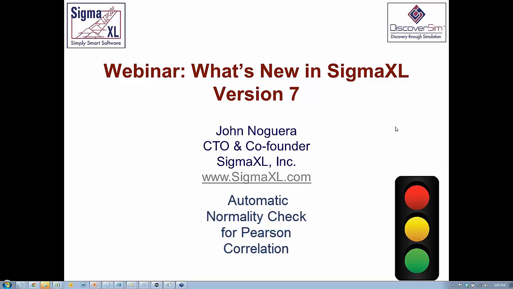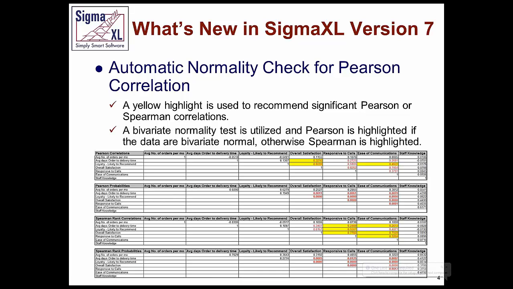Today's webinar, we are introducing the new features in SigmaXL version 7. We added a highlight to Pearson and Spearman correlations. The basis for recommending one or the other or neither is whether the data are bivariate normal.